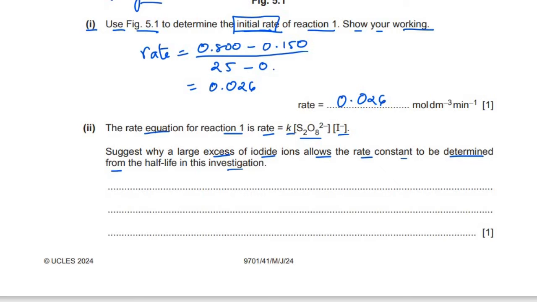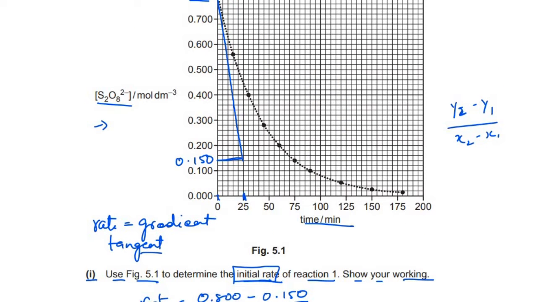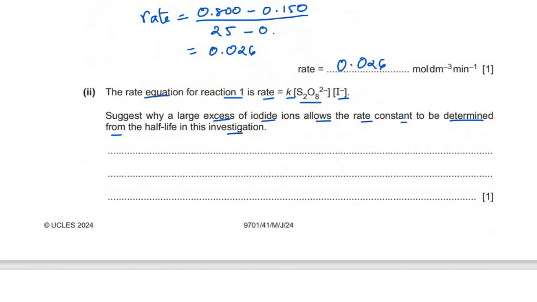To find the half-life, we need to find the rate from the same graph at different times. The concentration of persulfate ions changes with time, and the concentration of iodide ions should remain constant, and to make it constant we take it in a very large excess.